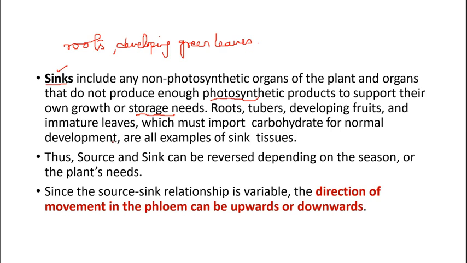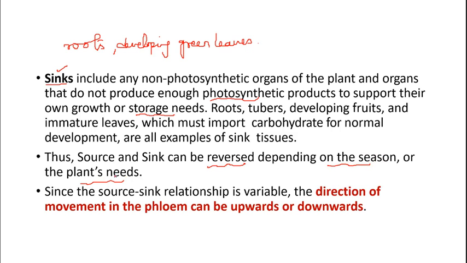So what we need to know is that the source and sink can be reversible. Sometimes the sink also serves as the source. According to the need of the plant, the source and sink can be reversed. According to the need or according to the season, they can be reversed, like according to the season we studied in food.